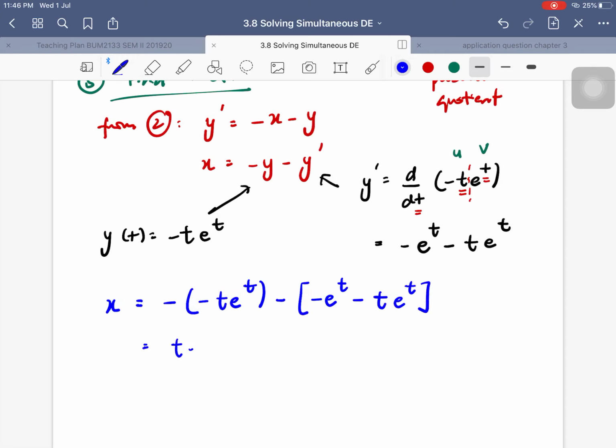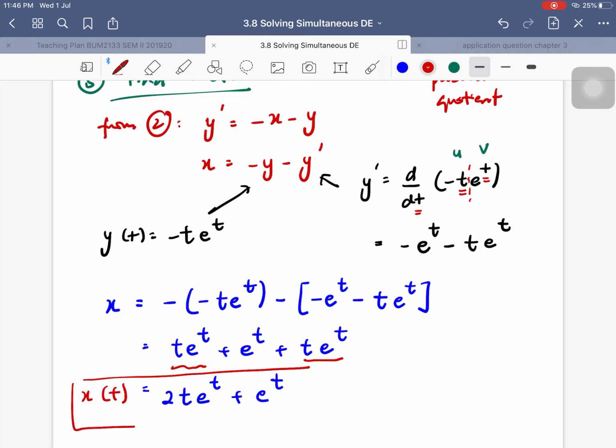I'll end up with a positive t exponential t plus exponential of t plus t exponential of t. If you notice, we have twice the same function, so that is going to be 2 of that. So I'll get 2t exponential of t plus exponential of t. So this is going to be my second solution. So my x(t) is going to be given by this function.